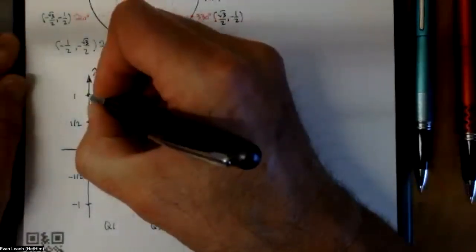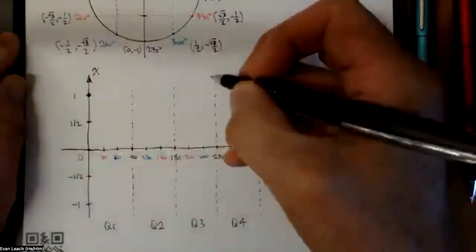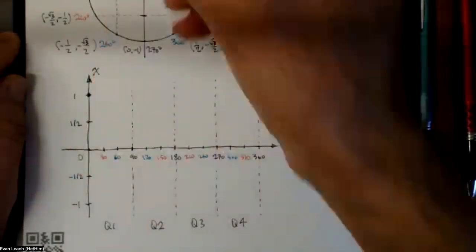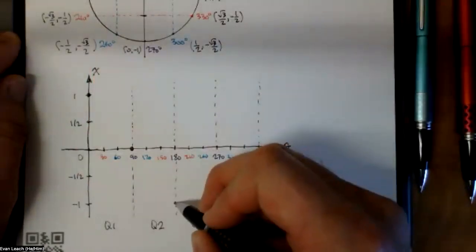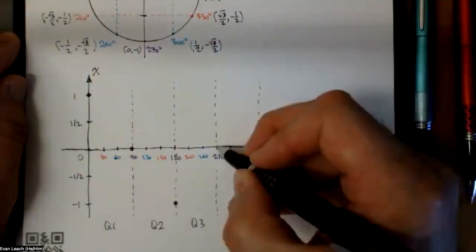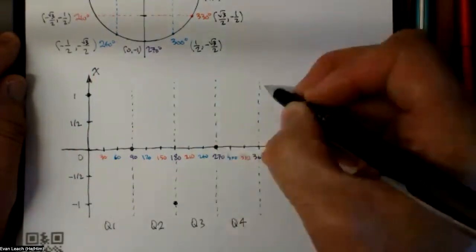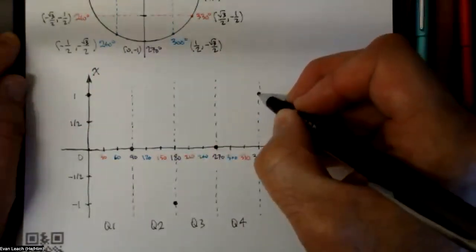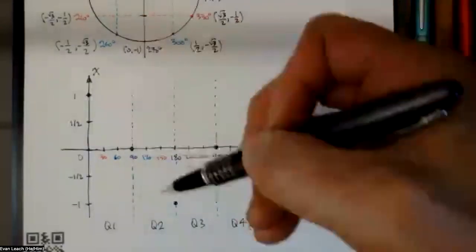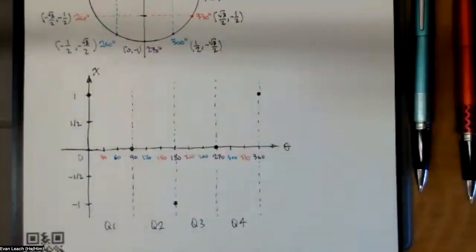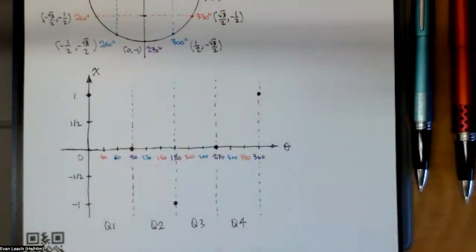X starts off at 1, so I'll start off up here. The other easy ones to find: x drops down to 0 at 90, and then down to -1 at 180, then back up to 0 at 270, and then back up to 1 at 360. So we see this down and then up, from 1 to 0 to -1 to 0 to 1.